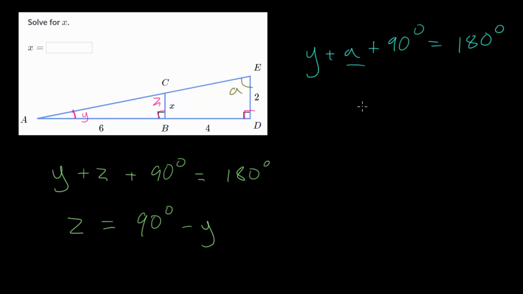And solving for A, we can subtract 90 and subtract y. We would find that A is 90 degrees minus y, but since z is also equal to that, that means that A and z are the same thing. So really we can say that this angle here is also z. And therefore, the two triangles are similar to each other.